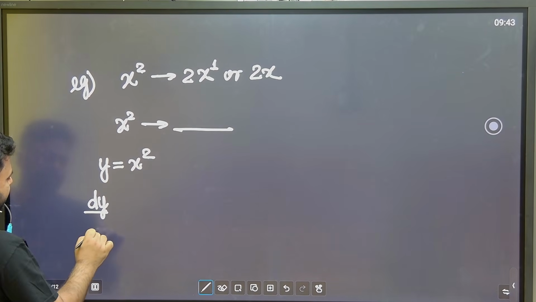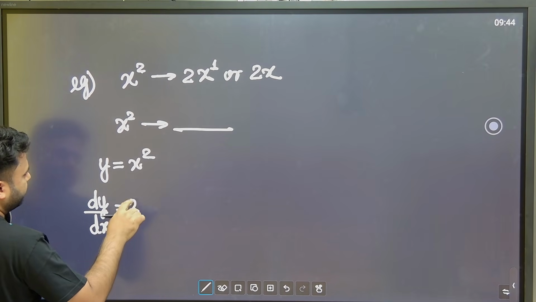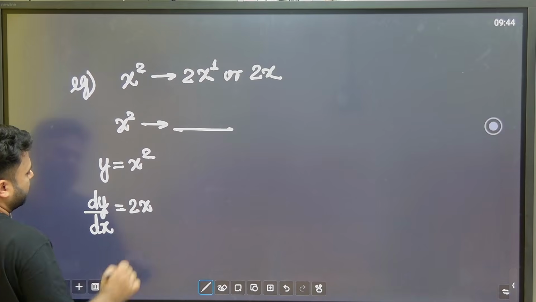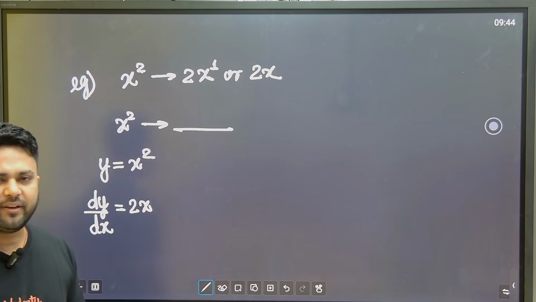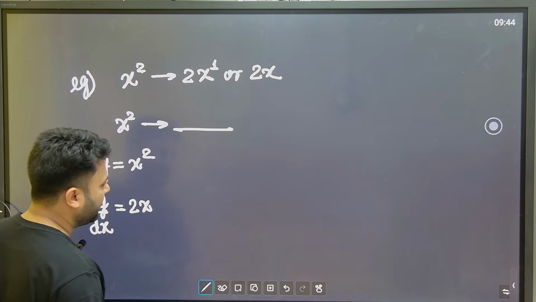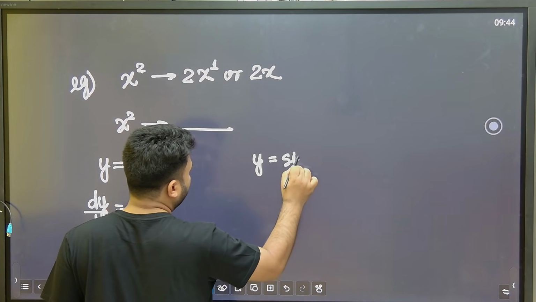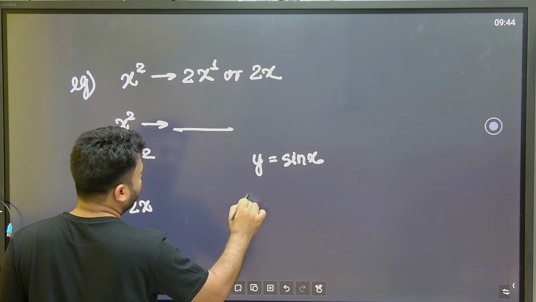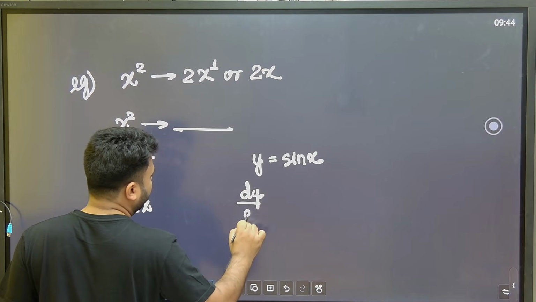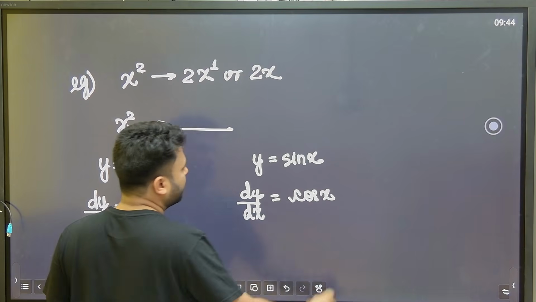Here the variable is x, so dy by dx. So you will write power, then variable, power minus 1, dy by dx equals to 2x. Okay, like they will give y equals to sin x. What will be dy by dx? So you will write cos x.